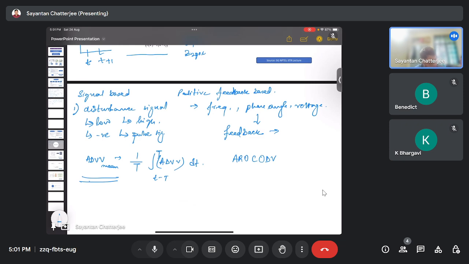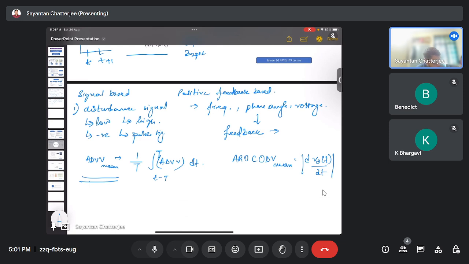The mean value can be implied as d of Vd by dt.